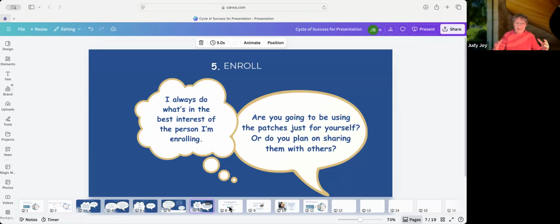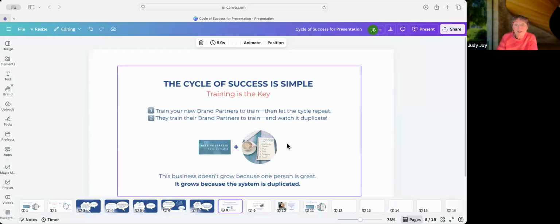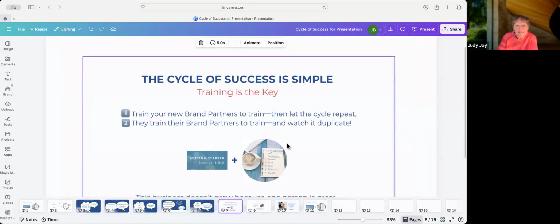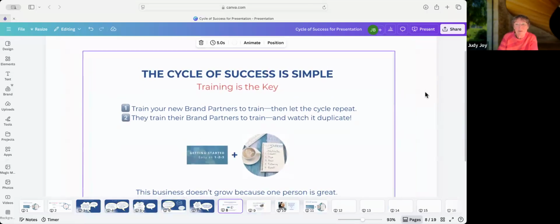We're looking at this as a skill that can be taught, phrases that can be taught, a structure that can be taught or trained, a system. We can help with that. The mindset is more up to the individual. So the cycle of success is simple.